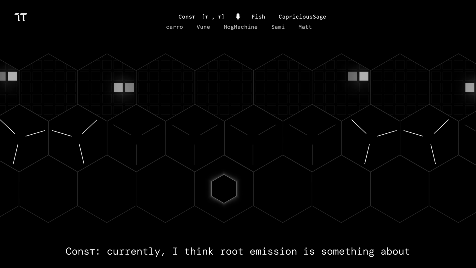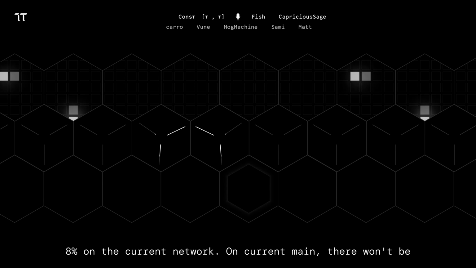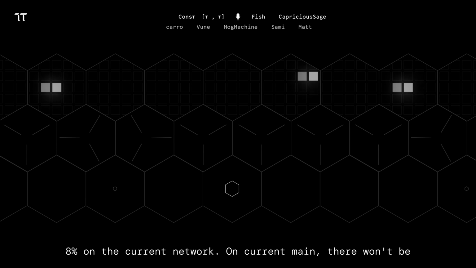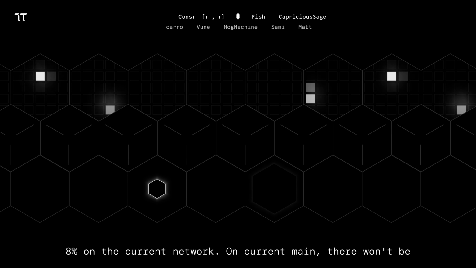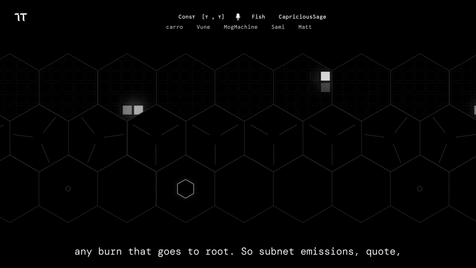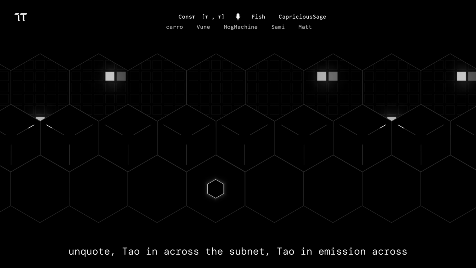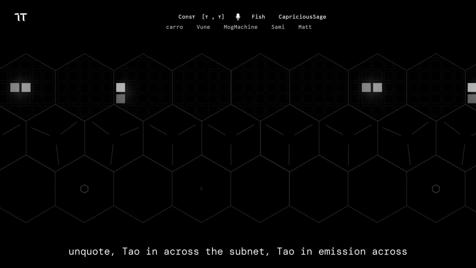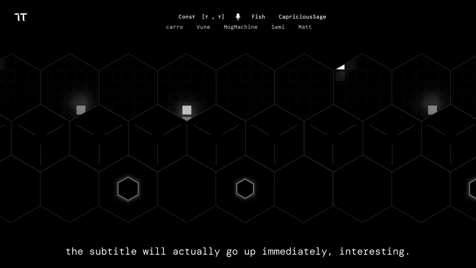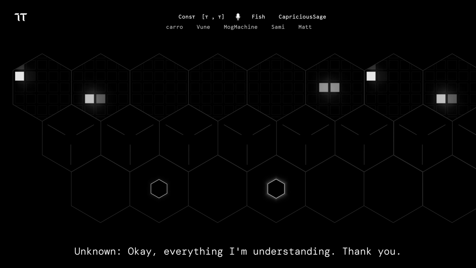Well, currently I think root emission is something about 8% on the current network, on current main. There won't be any burn that goes to root. So tau in emission across the subnets will actually go up immediately. Interesting. Okay. I think I'm understanding.